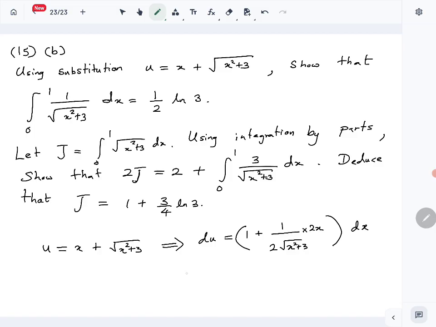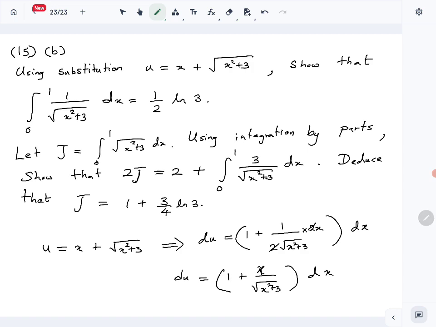So what do you get? du, the 2s cancel: 1 plus x over square root x squared plus 3 dx, right?